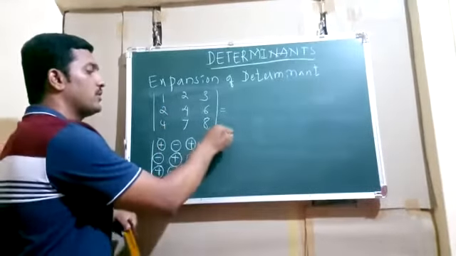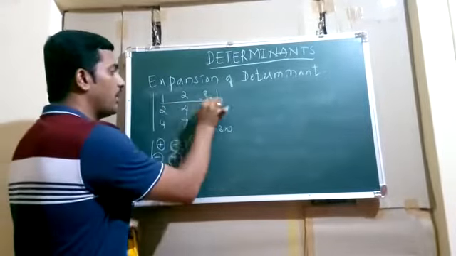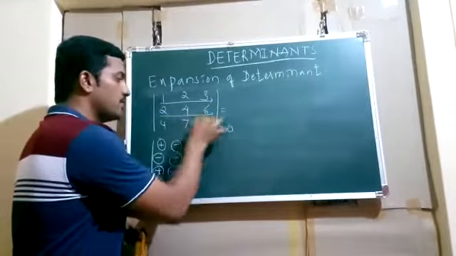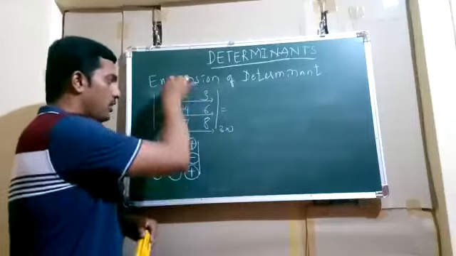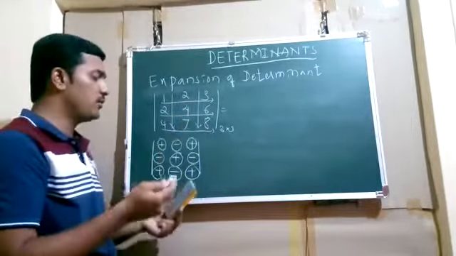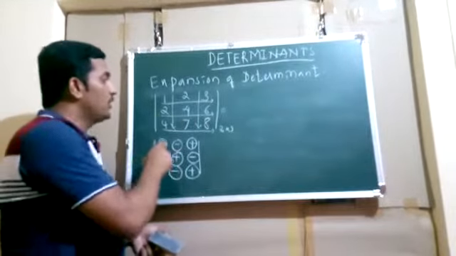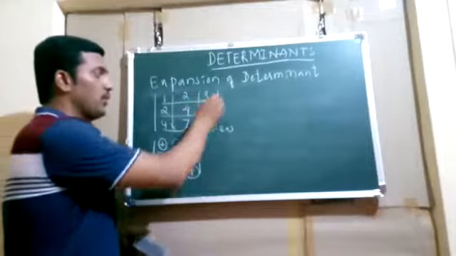So you can go through this row, or this row, or this row, or any column. You can go through this column or this column or this column. There is no worry, but you need to follow these signs. So let me start with the first row.